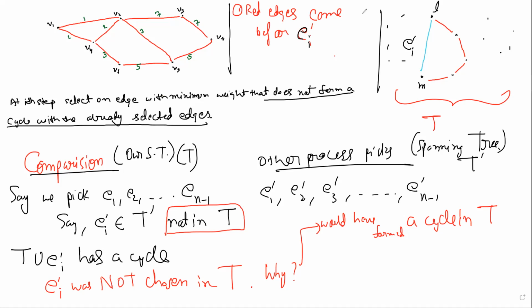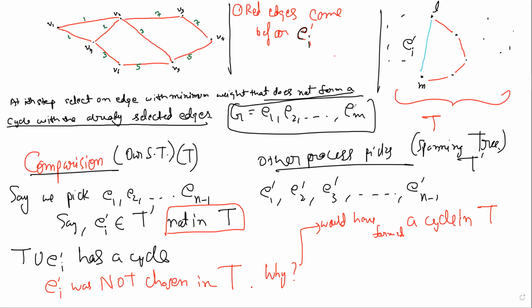We are saying that there will be some cycle which was being formed. Just imagine the graph G that we initially had; it can have many, many edges. Then E i prime came and it was forming a cycle, and that's why we did not pick it.